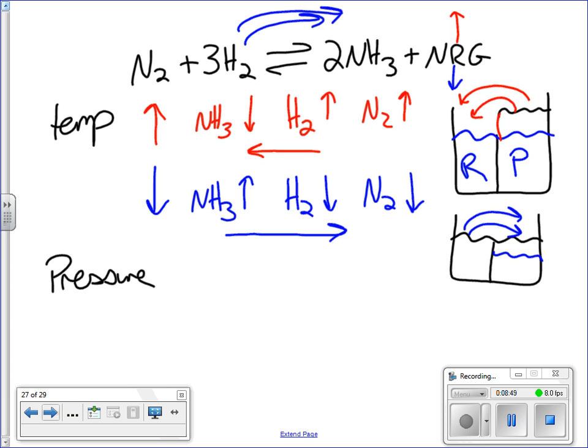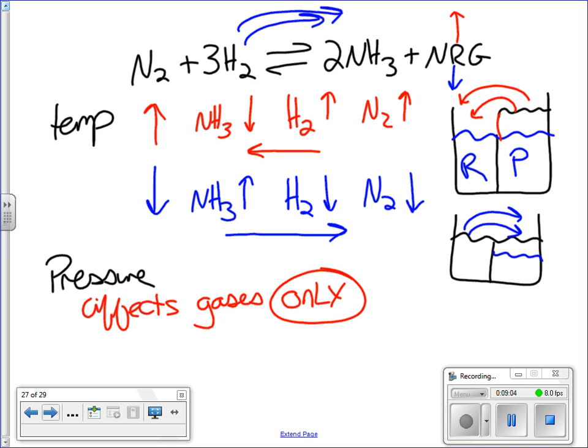Okay? Energy and temperature. Pressure affects gases only. I can't stress that enough. And I hope that none of you messed this up on the Regents. It affects gases only. Okay? Increasing the pressure is going to shift to the side of the fewer moles of gas.